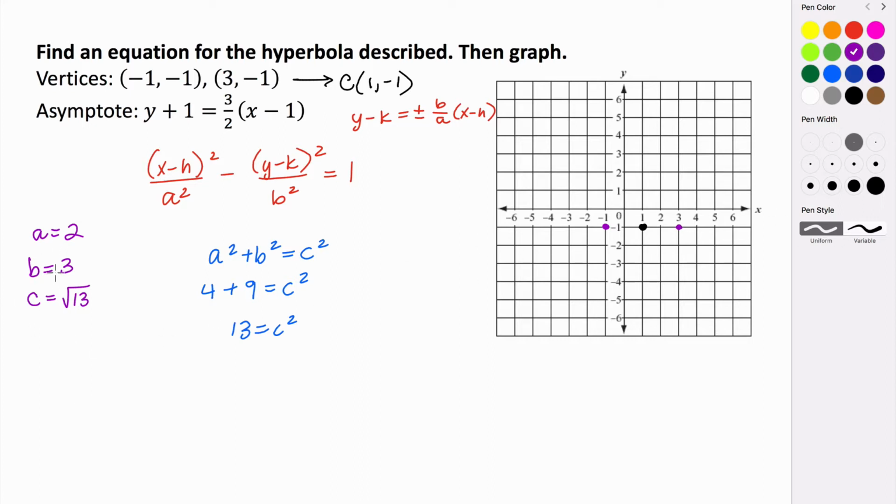Because we know b is 3, we can go ahead and plot our conjugate axis. So we're going to go up 1, 2, 3, so up here, and down 3, 1, 2, 3. So the point (1, -4), that's going to give us our conjugate axis. So we can go ahead and draw in our box. So the box is going to be right here like this.